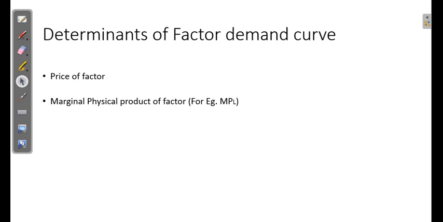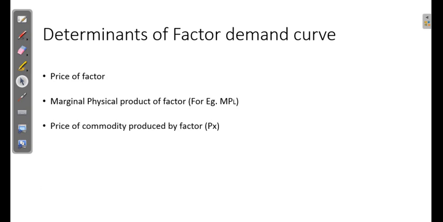Any factor can be used to calculate its marginal product. In general, the definition is how much change in total output is made by the change in a particular factor of production. So if we discuss the marginal product of labor, we would be calculating how much change in output is contributed by the change in 1 unit of labor.